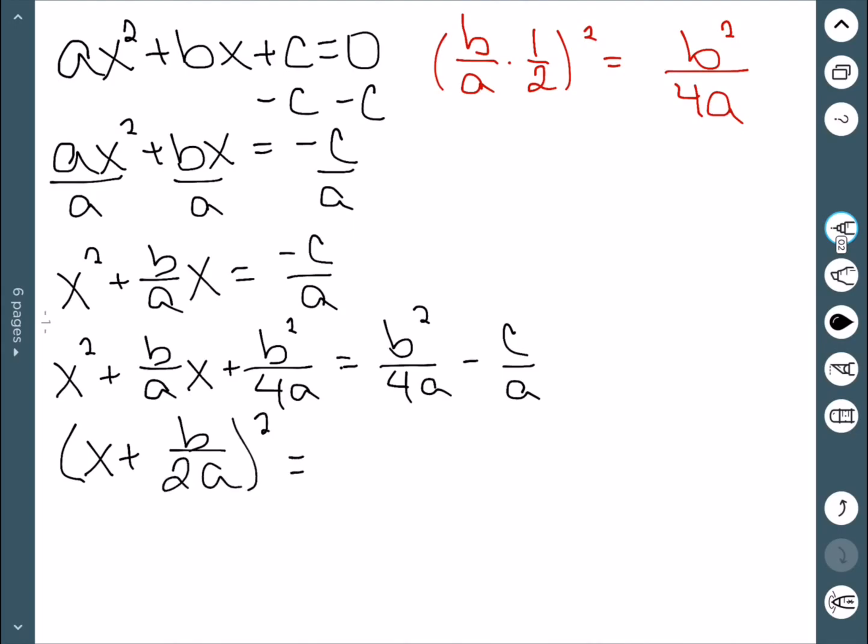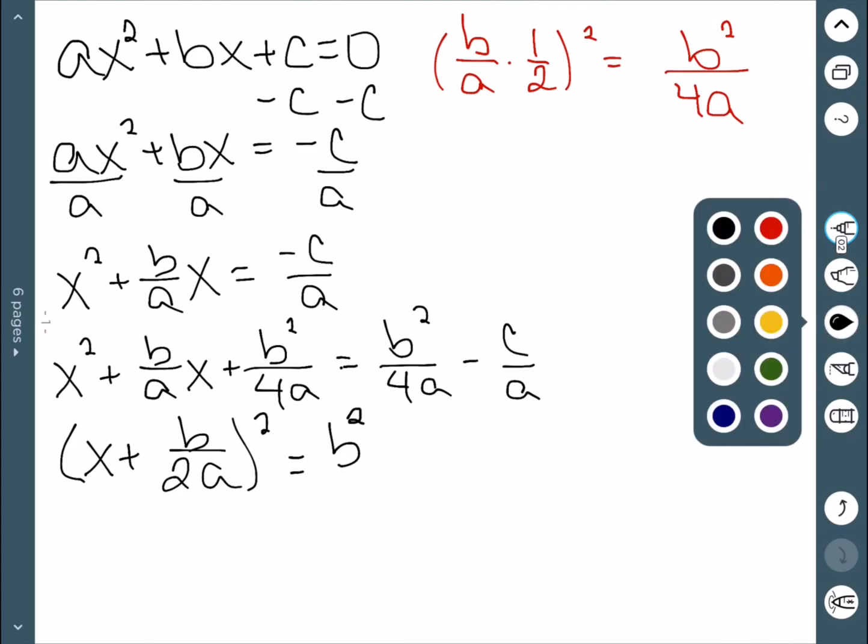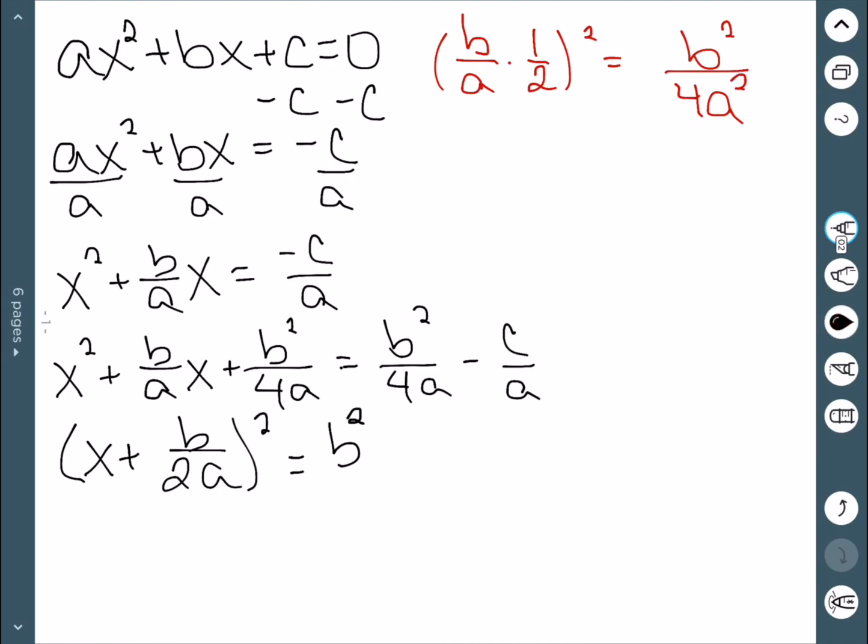And if I combine things on the right, I end up with b squared, sorry, this should actually be 4 over a squared. I forgot to square the a there. So we end up with b squared minus 4ac all over 4a squared.